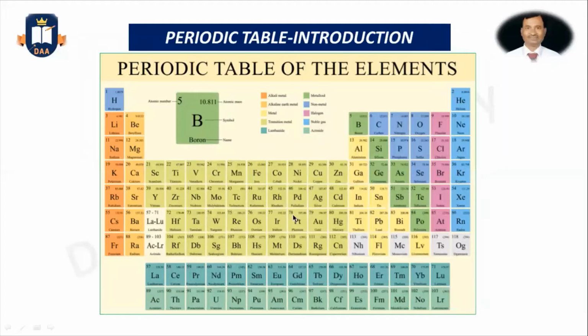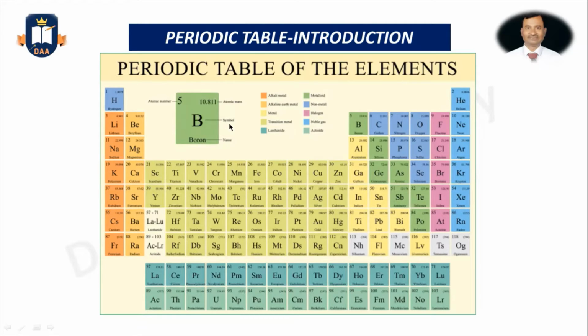This is the periodic table. This periodic table of elements consists of 118 elements, and any element in this periodic table can be written in this way. This B, as for example, boron.